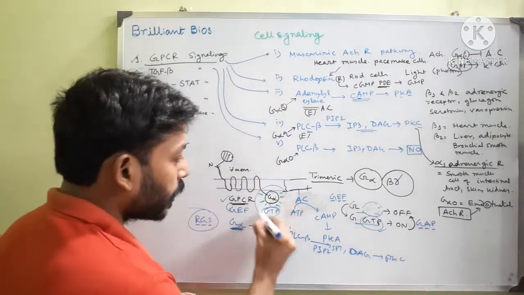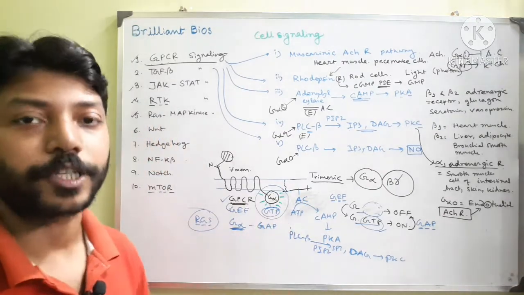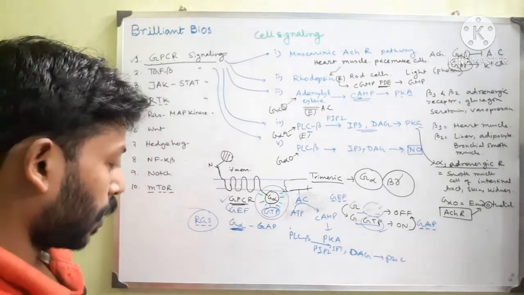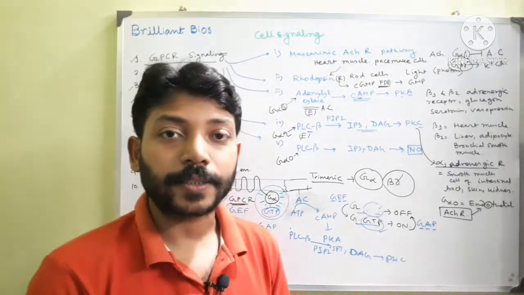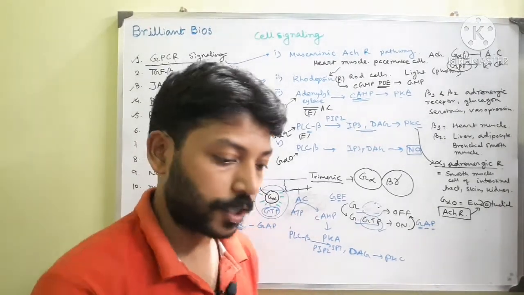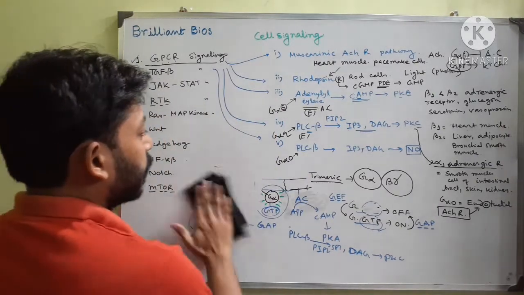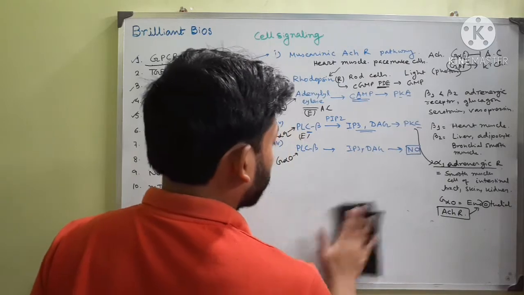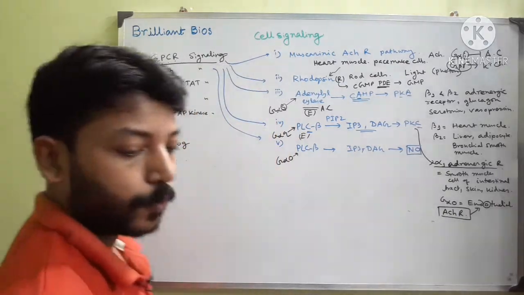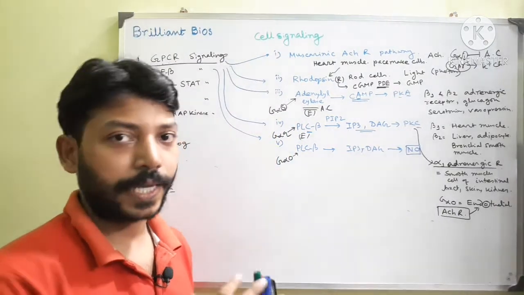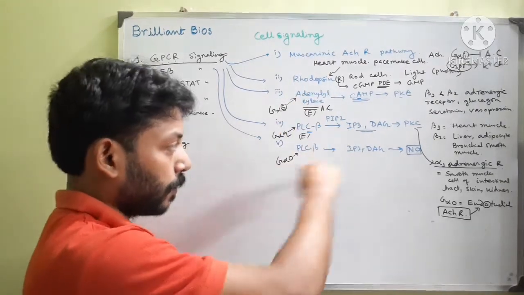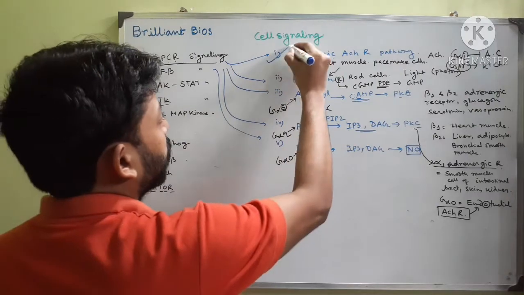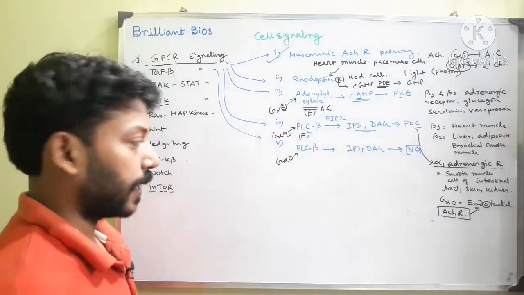So this G alpha protein is very important, that actually activates the effector protein, and the effector protein then activates other proteins, the ultimate protein. Now I will show you here some different G proteins and their functions, and in my different G protein coupled receptor classes I will describe all these mechanisms in more detail, because in one video I cannot complete all this process in more detail. I will only describe this signaling process in this class.